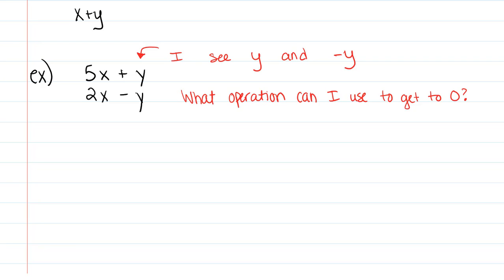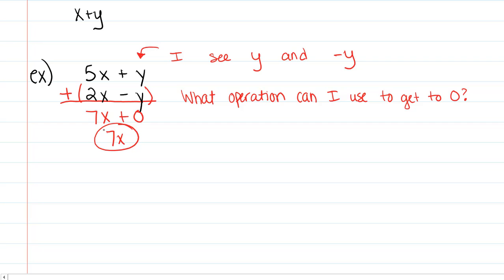Well, they're opposites, so if I add them, right, y plus negative y, that's going to get me to 0. But I'm not just adding those, I'm adding the entire expression. So 5x plus 2x is 7x, y plus negative y is 0. 7x plus 0 can be simplified to 7x. It's just like a big addition or subtraction problem.